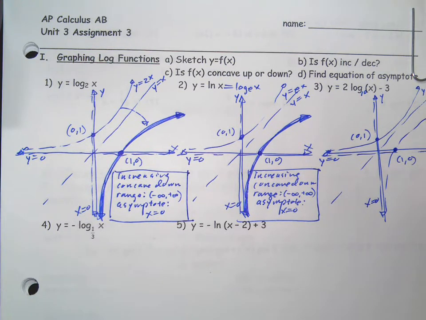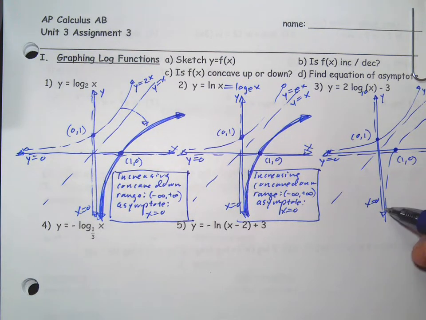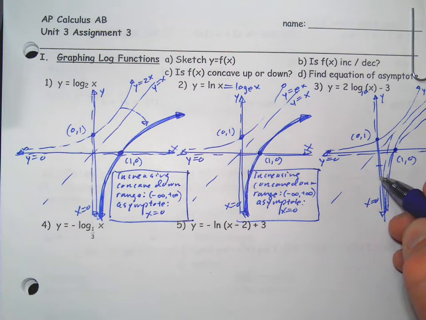So this is just log of x. Now the 2 multiplies all the y values by 2, which just really makes it look steeper. Now it should still go through this, but it's going to look steeper. And the minus 3 brings everything down 3.